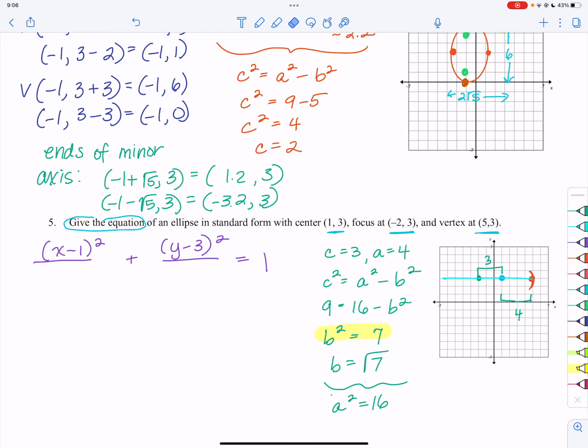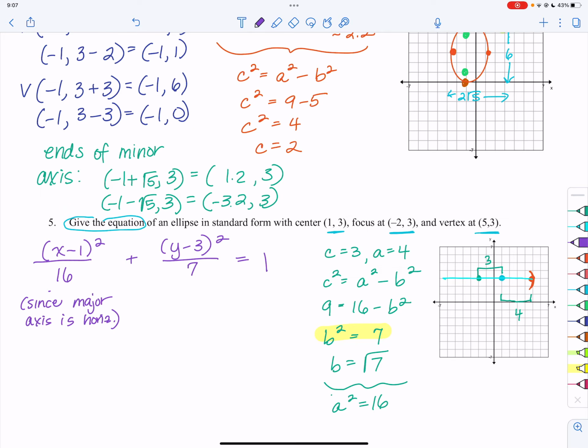So 16 would go under the x squared term, since the major axis is horizontal. Okay, and so B squared, which would be 7, would go under the y minus 3 squared term. So I think putting it on a graph sometimes makes it a little bit easier.